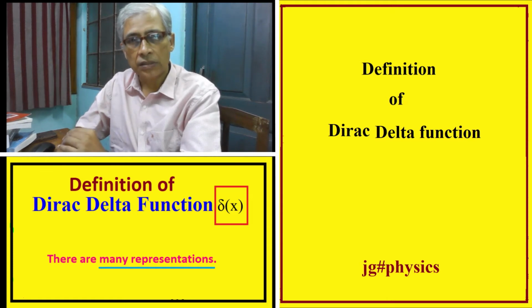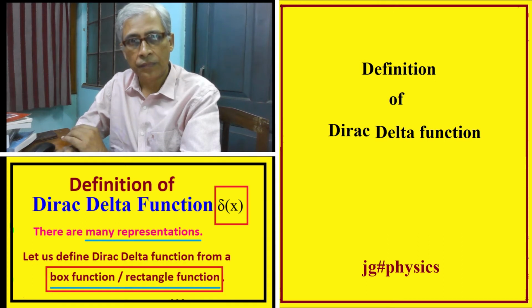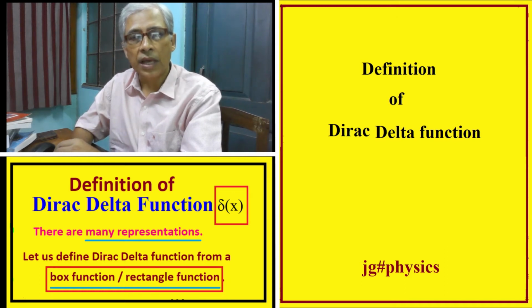In other words, Dirac delta function has many representations. In this video, we shall speak of only one representation. We shall define or describe the Dirac delta function from a box function or a rectangle function. We will see how a rectangle or a box can be converted to the Dirac delta function.